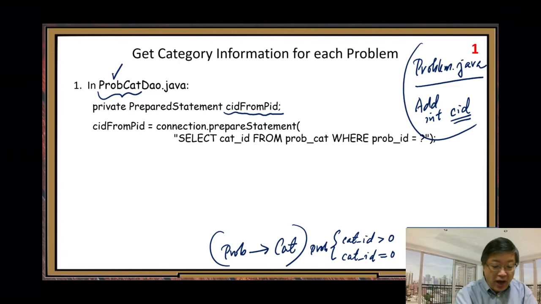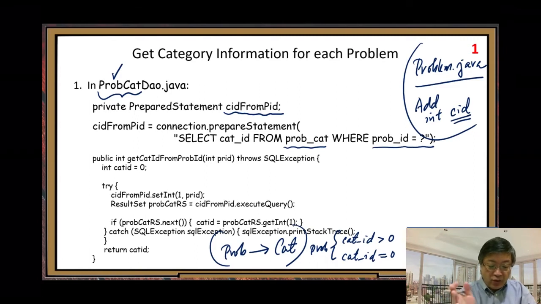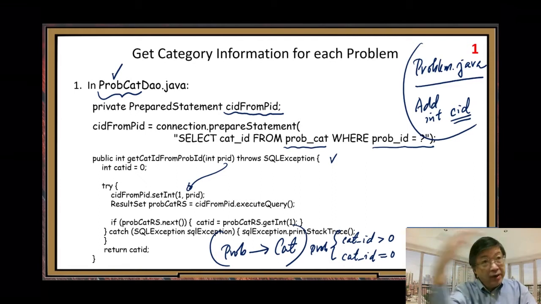Select cat underscore ID from this table where the problem ID is given, question mark. Then we run the query method in this way. It's pretty easy. We pass problem ID to its first question mark. Then we do the query, get a query result.